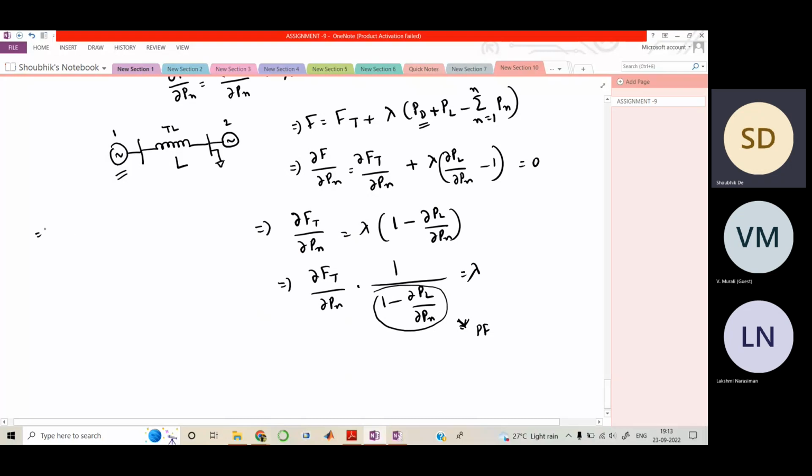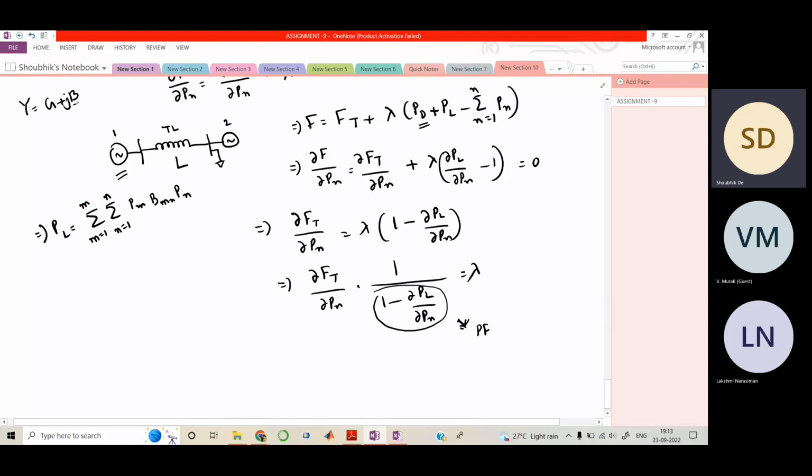For any kind of system, be it a one bus system, or one transmission line or two transmission lines, PL is given by this formula. There are basically two summations, m equals 1 and n equals 1, of Pm Bmn Pn. This B is, as we saw in the last session, G plus jB.